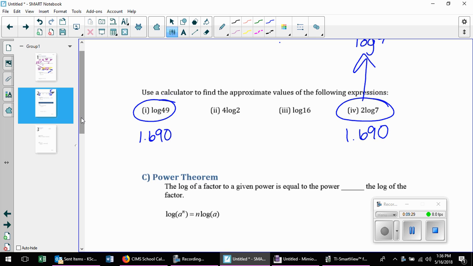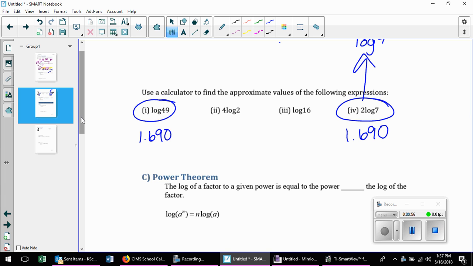You're not exponentiating it, you're multiplying it. You would be putting the exponent on the 7 and evaluating that power, but when you put it in correct form, really you're taking 2 and multiplying it by log 7. Does that make sense?